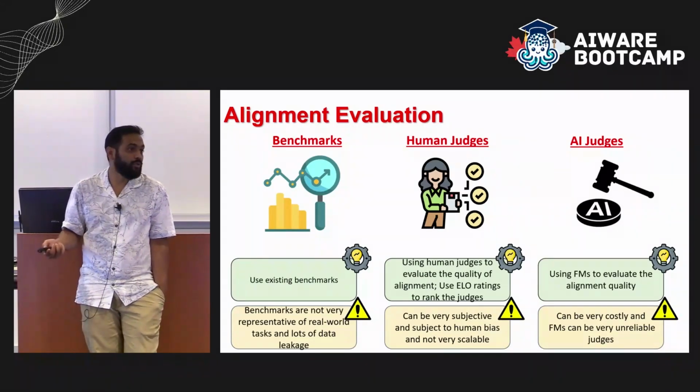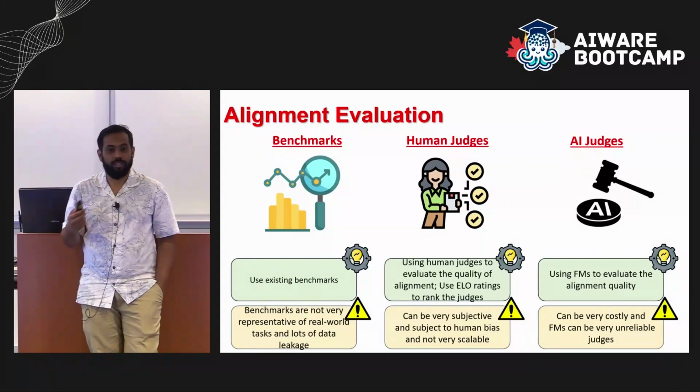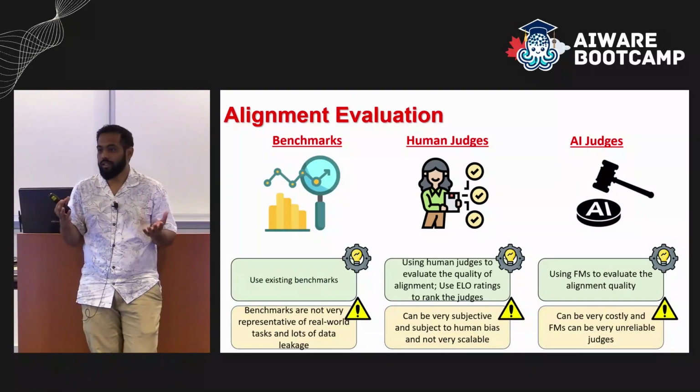So another way in which we can evaluate if the models are aligned well is to use human judges. Human judges are once again costly, and there's a lot of bias there, and as we know, not all humans are always created equal.